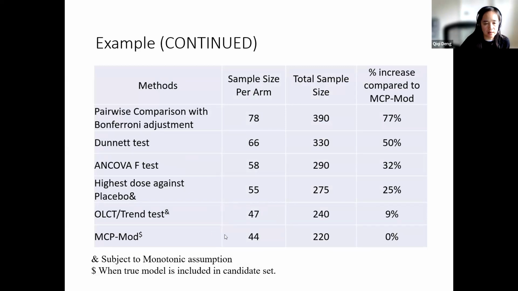This table illustrates how much difference the statistical model can bring. For example, if you're using a simple Bonferroni adjustment, the total sample size could be as high as 390. And if you're using the trend test or MCP-Mod, then the sample size is about 230 plus minus.